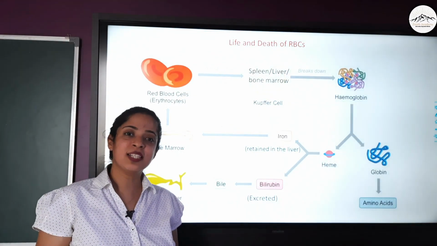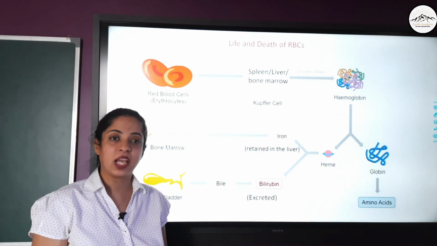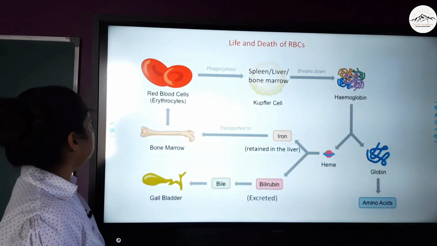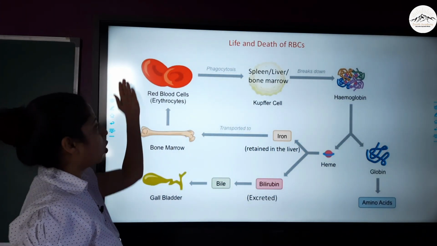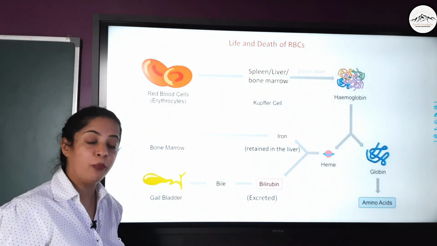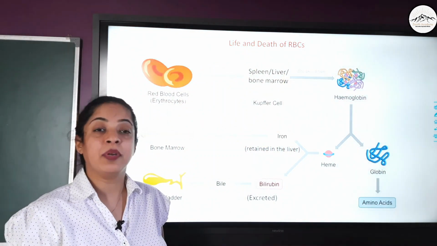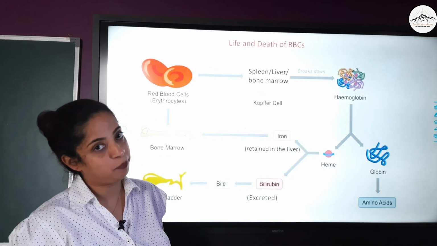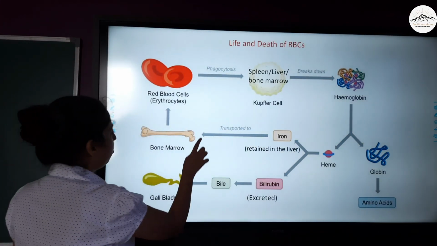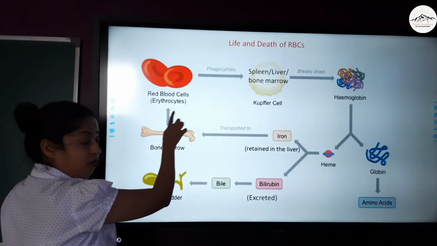Now children, let us learn about the life and death of RBC, that is the life cycle of RBC. See children, these red blood cells or erythrocytes are formed in the bone marrow of long bones, especially ribs, breast bones and the ileum of the hip girdle. In that bone marrow red blood cells are formed.